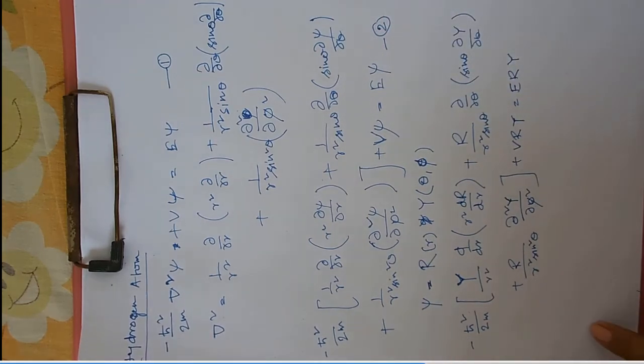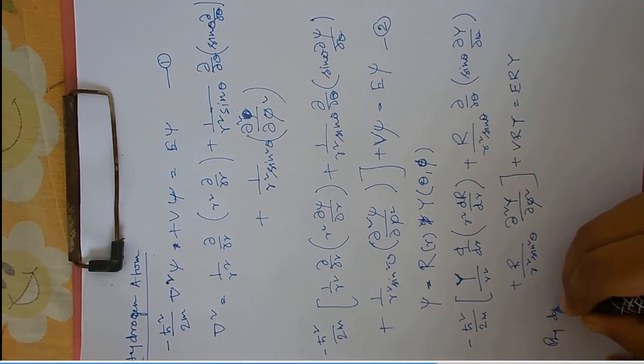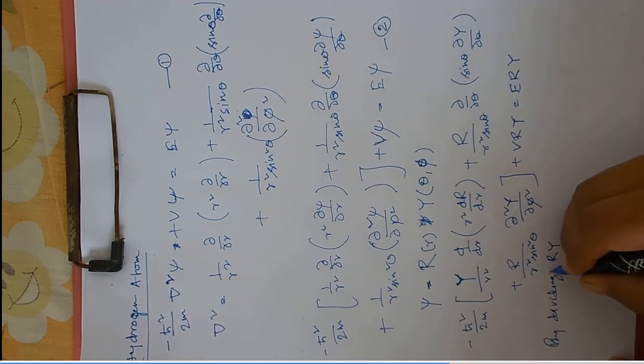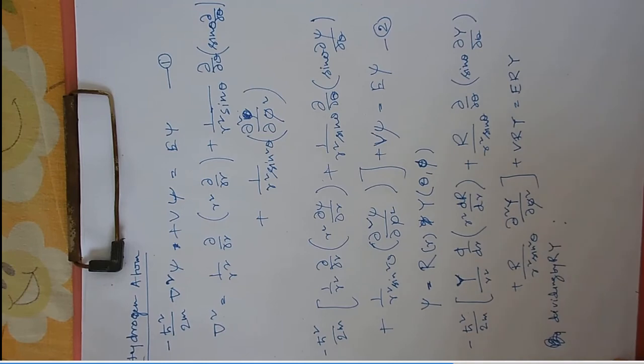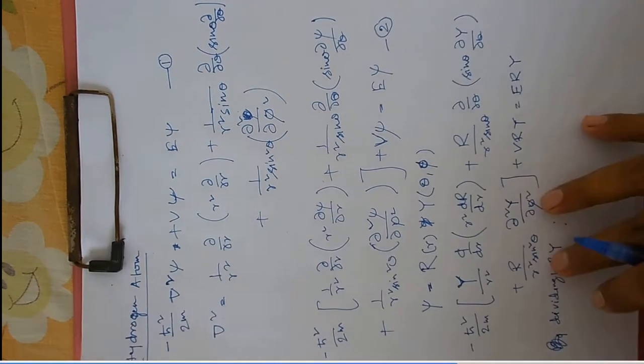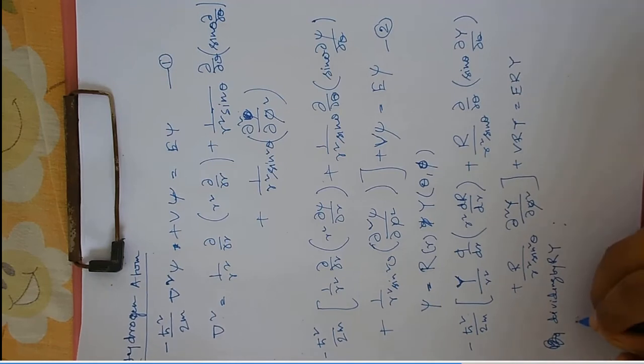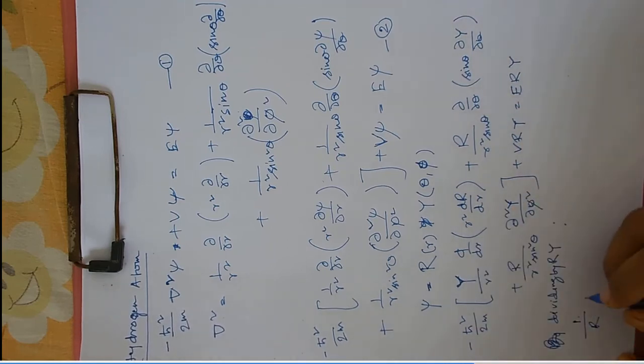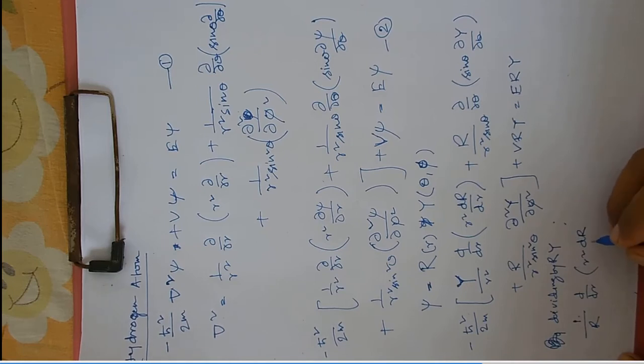For that, you divide the whole equation by R Y. I am simplifying, also multiplying by 2m by h bar square, and you can do it yourself and get the same result.